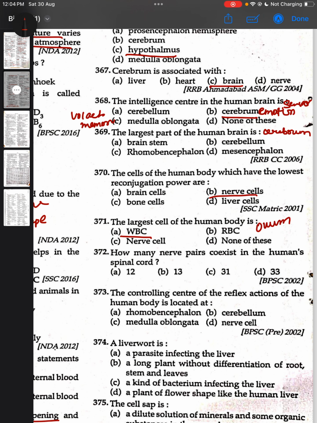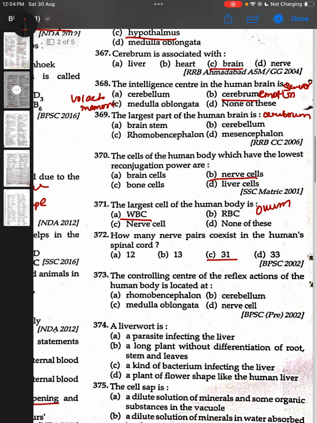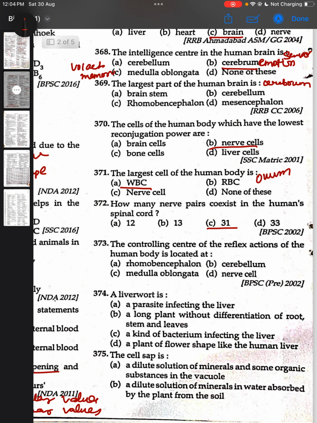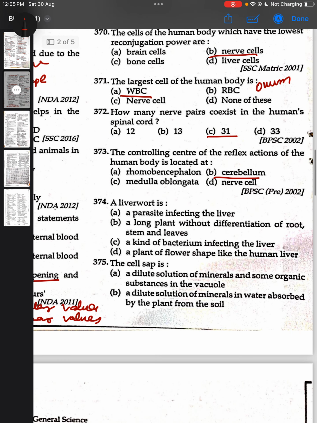How many nerve pairs exist in the human spinal cord? 31 pairs: 8 cervical, 12 thoracic, 5 lumbar, 5 sacral and 1 coccygeal pair. The controlling center of reflex action of the human body is located in the cerebellum. A liverwort is a plant without differentiation of root, stem and leaves.